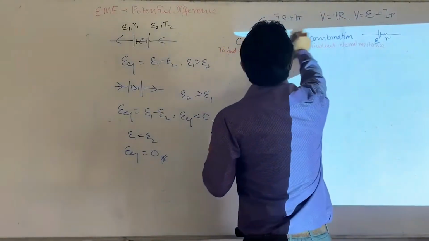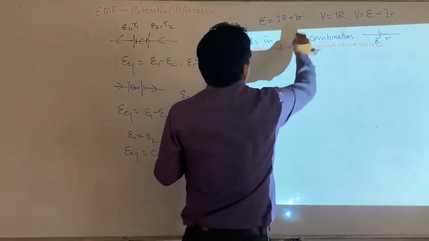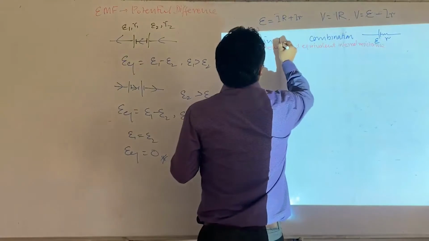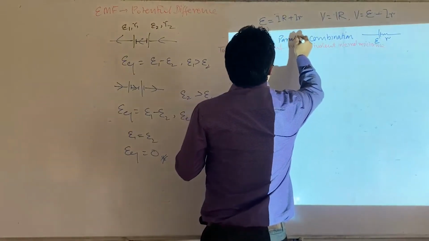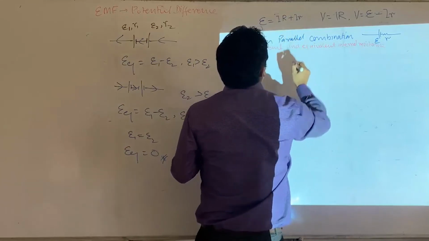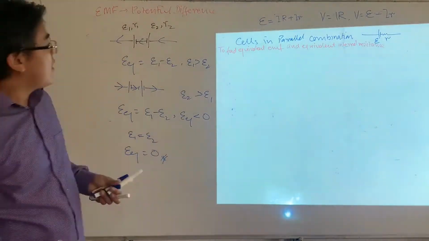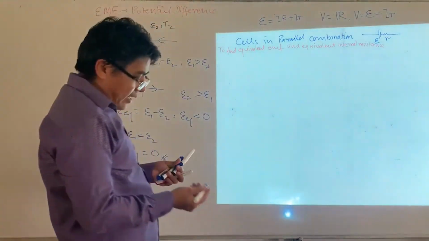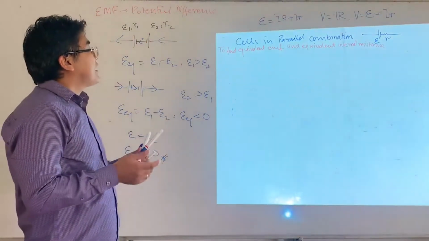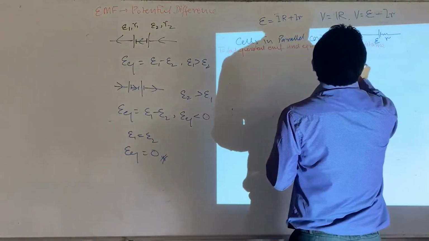So instead of series, I'm going to write parallel, right? Cells in parallel combination. Okay, now again our objective is to find out equivalent EMF and equivalent internal resistance. So here I'll be having two cells.